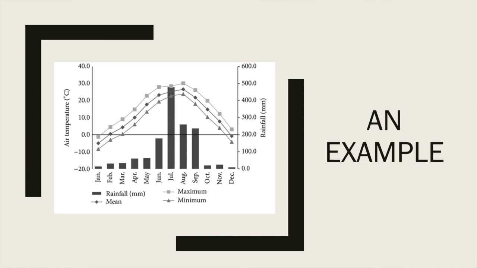So the y-axis has got two lots of information, and the x-axis has got the months. All right, so the bars there, the solid ones, that's what we call a bar chart. That is measured against the rainfall, because that tells us when it's raining, and the lines tell us the temperature, and then we would look to the left-hand side to measure that.